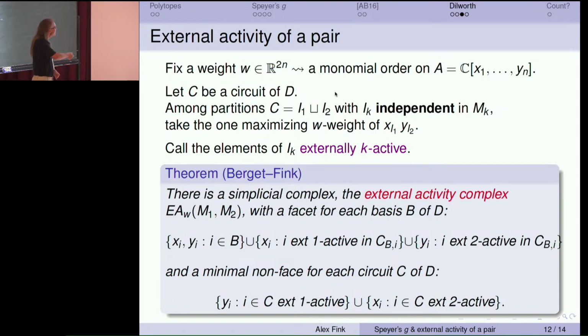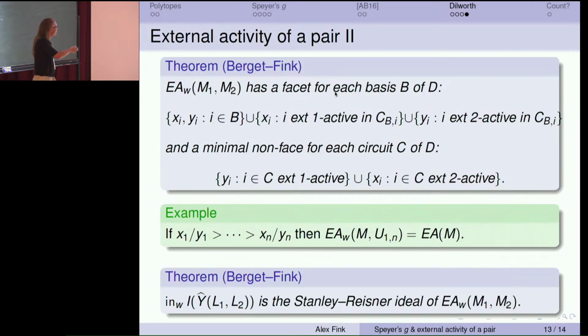And unsurprisingly, the commutative algebra also tells us that when you take this initial ideal of the diagonal Dilworth variety, you get this external activity complex of the diagonal Dilworth truncation. They're the circuits and bases of the diagonal Dilworth truncation, but colored in the way that remembers what your 2 input matroids were. So that's the generalization of activity we made.